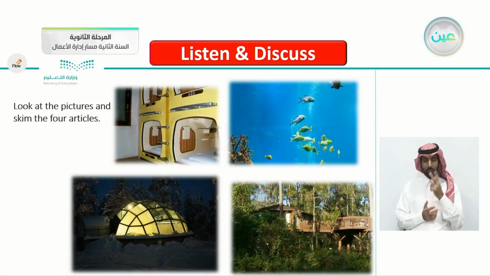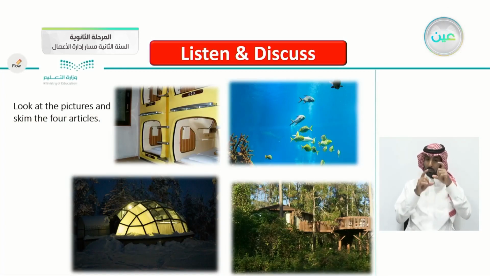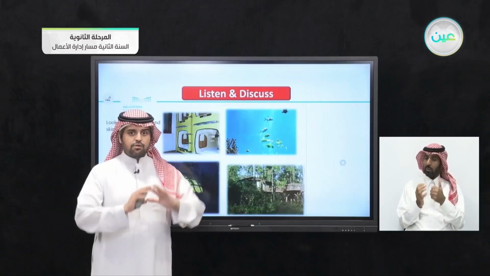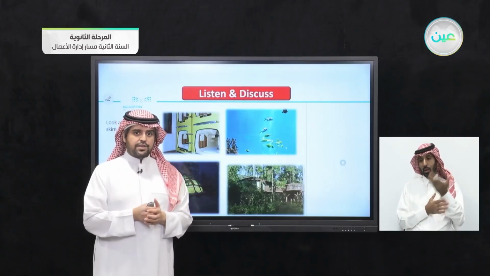So look at the pictures here and skim read the 4 articles. Try to guess what we'll be talking about. After you finish guessing, skim read the 4 articles. To skim read is to read the articles quickly, just to get the main idea or the general idea of the article.